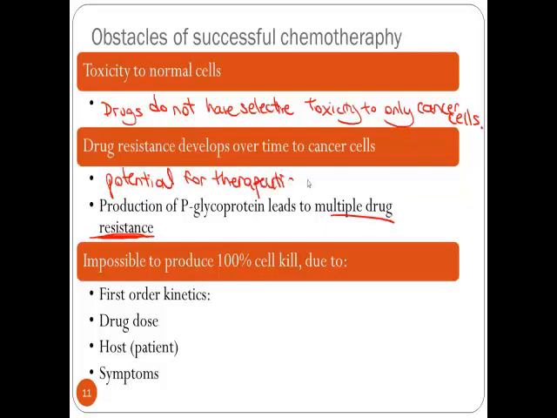So if a cancer is resistant to vinblastine, as we talked about in the last slide, then vinblastine won't work, right? And it might mean that vincristine also won't work. So there's that obstacle. The third obstacle is that it is impossible to produce 100% cell kill rate.